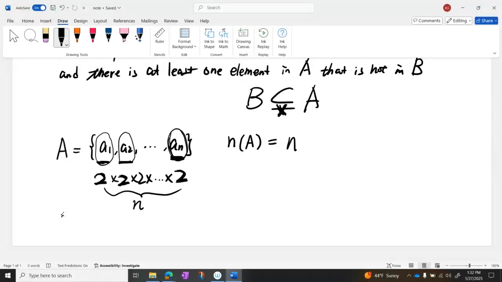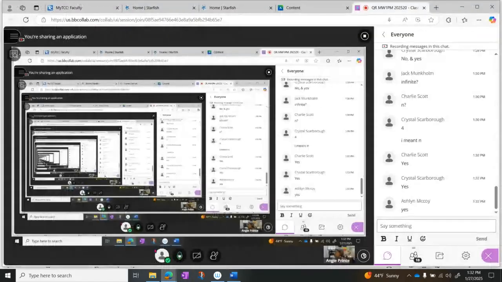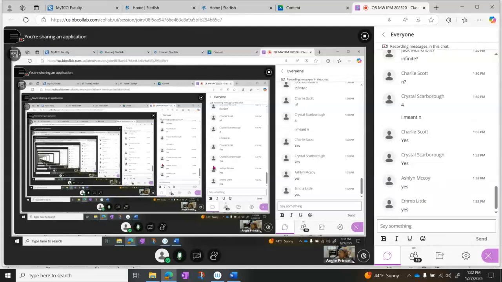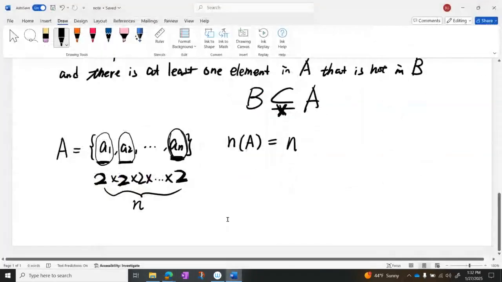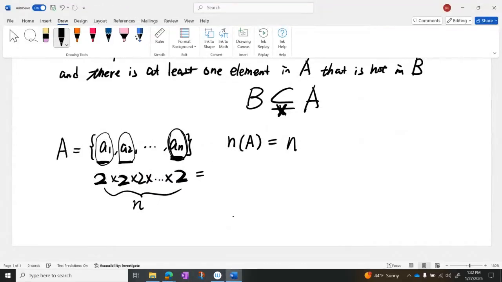Awesome, very good. Feel free to text in the chat. If anything is not clear, just let me know. Very good. So this multiplication can be written as 2 to the power of n.